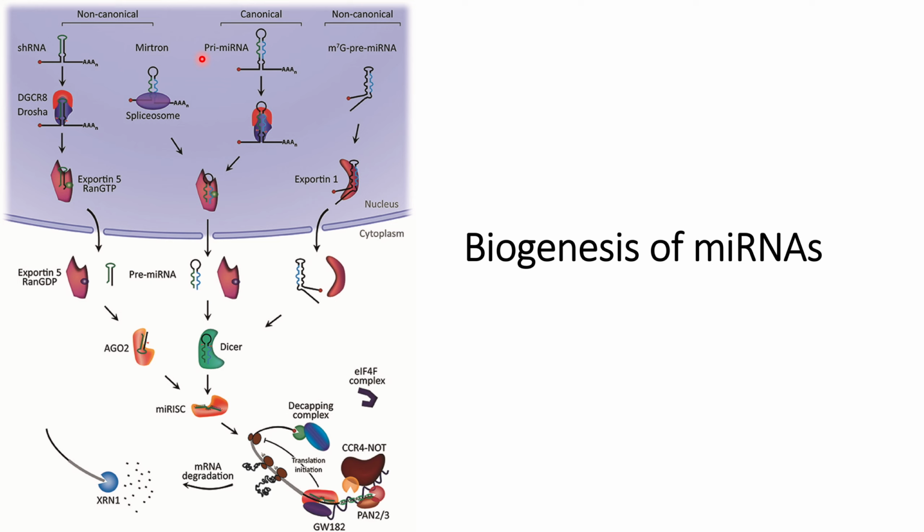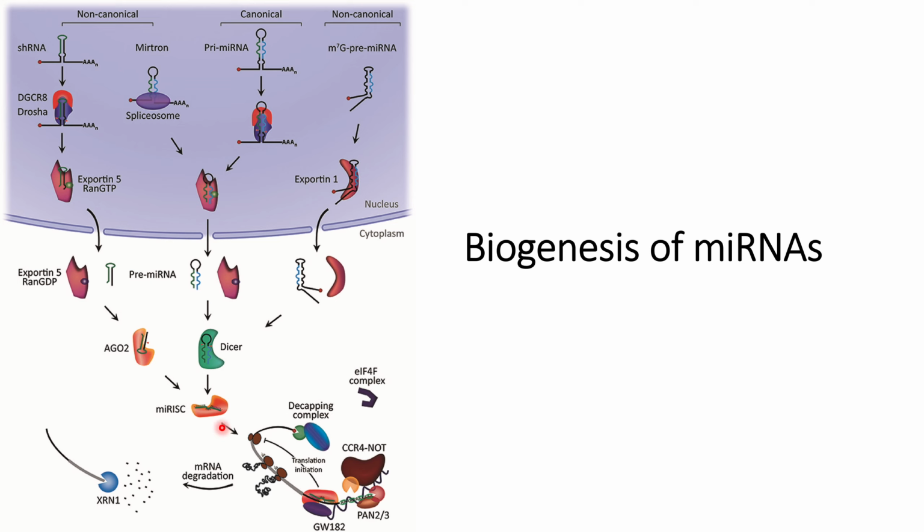So these are the pre-microRNAs, the transcripts that are formed within the nucleus, and after that, what will happen? There is a microprocessor complex that contains DROSHA and DGCR8, mentioned here, that helps in the maturation within the nucleus, and also helps in the transport of these microRNAs into the cytoplasm, where these pre-microRNAs then interact with Dicer to form a complex, that is the miRISC complex, that can finally act on the mRNAs to inhibit them.